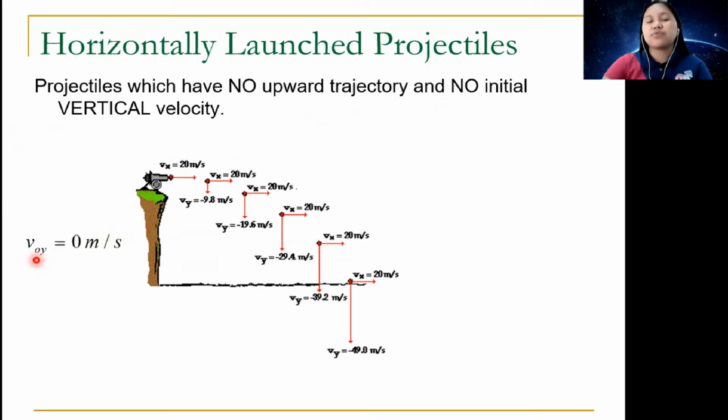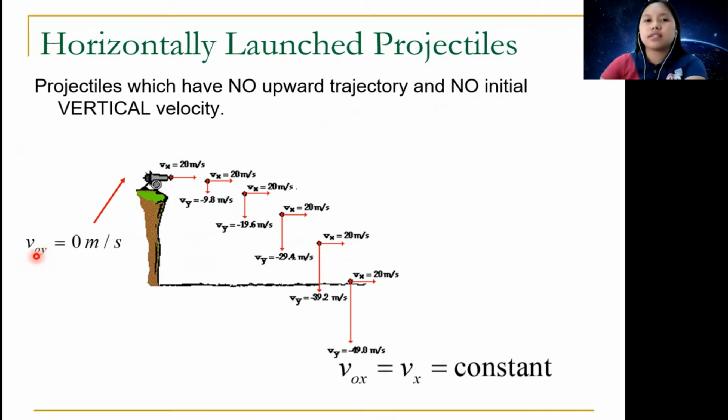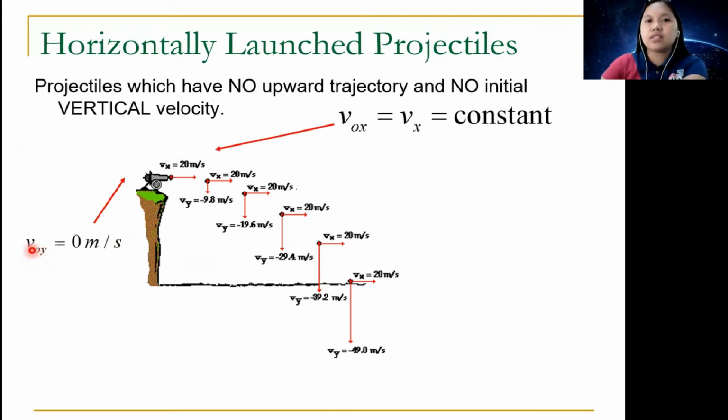Always remember, if it is vertical motion, it has the y component, and if it is the x component, the x is the left to right movement. So it is very important for us to know about these things, okay? These things are very important in our computation later, and I will teach you how to do it.